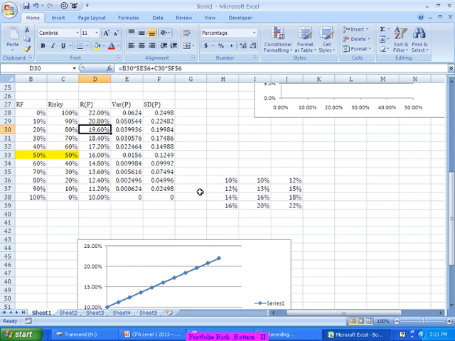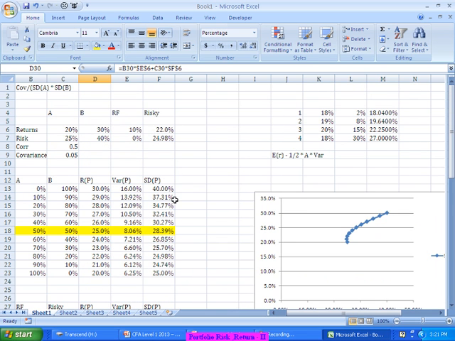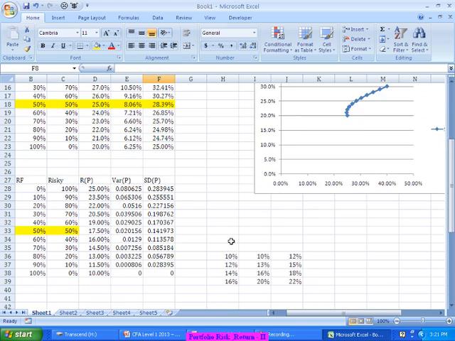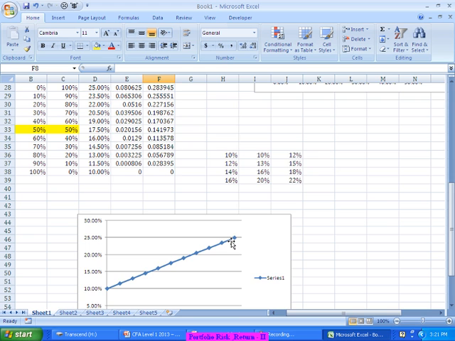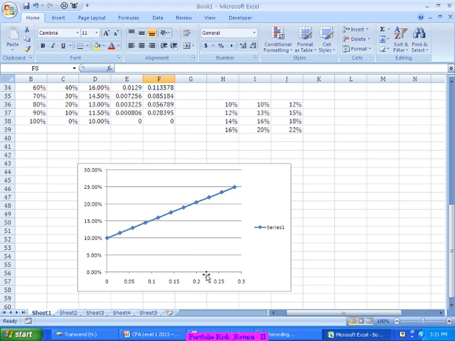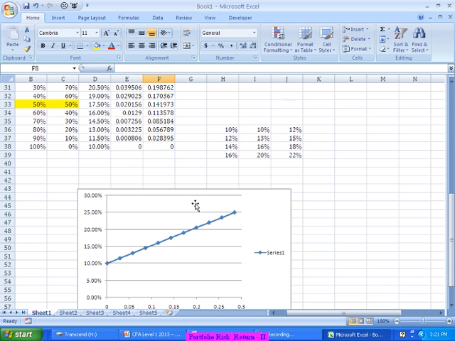Now let's say I change this to 50-50 combination, the risky. These are what are my numbers. Now you see for a 20% risk, how much is the return I can get? For a 20% risk, you see I am getting slightly more. Not 19.6, definitely. I am getting about 20.